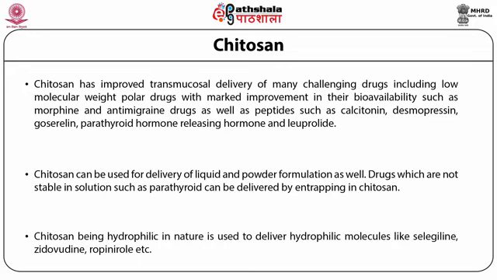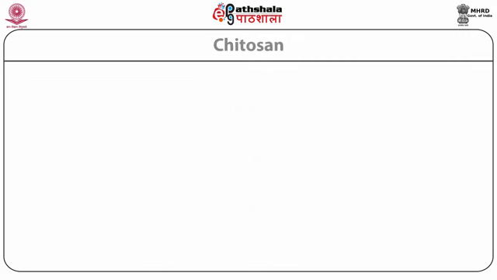Drugs which are not stable in solution, such as parathyroid, can be delivered by entrapping in chitosan. Chitosan, being hydrophilic in nature, is used to deliver hydrophilic molecules like selegiline, zidovudine, propranolol, etc. Presence of intercellular tight junctions makes hydrophilic drugs impermeable to cells of size larger than the gap junction, and they cannot diffuse through the lipid bilayer.